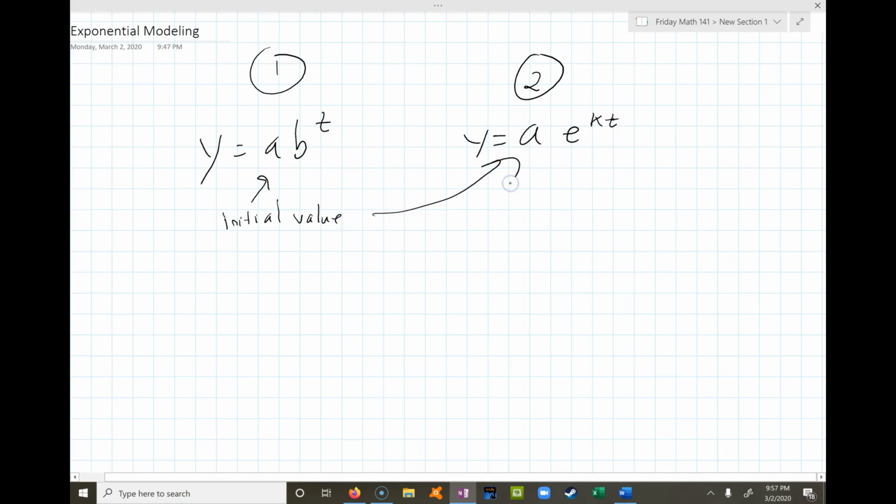It's both a's here, and this one, b, is the growth or decay factor, not to be confused with the growth or decay rate.